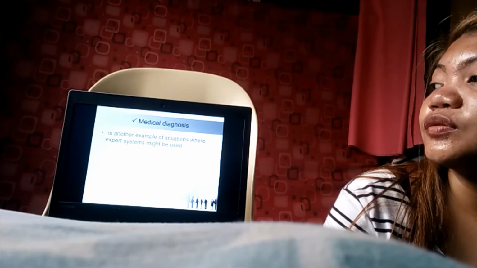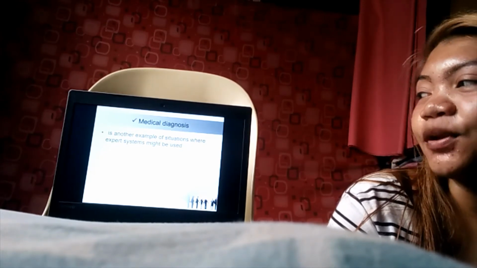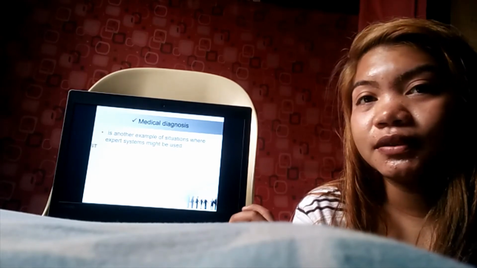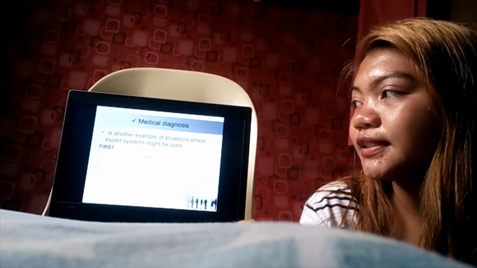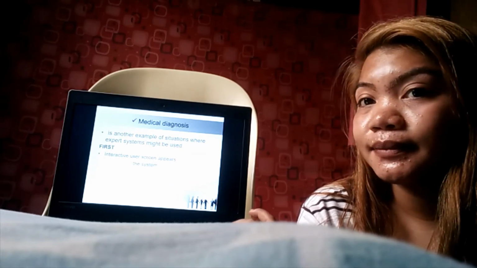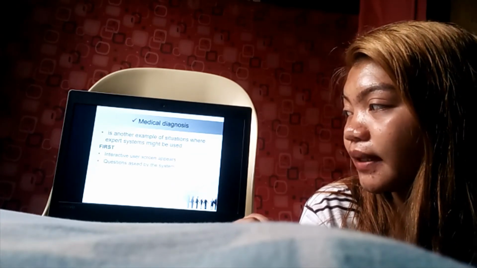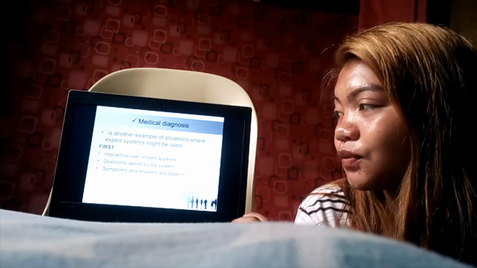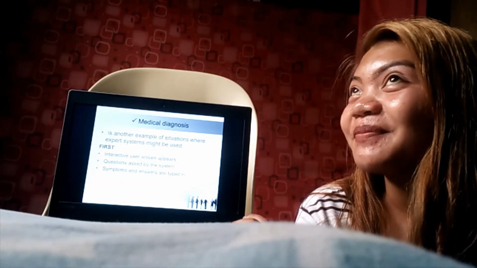Medical diagnosis is another example of situations where an expert system might be used. First, the interactive user screen appears. Questions are asked by the system. Symptoms of an answer are typed in.